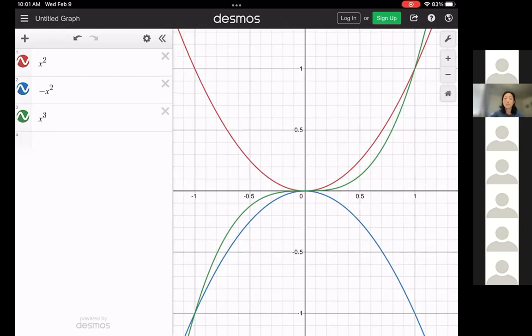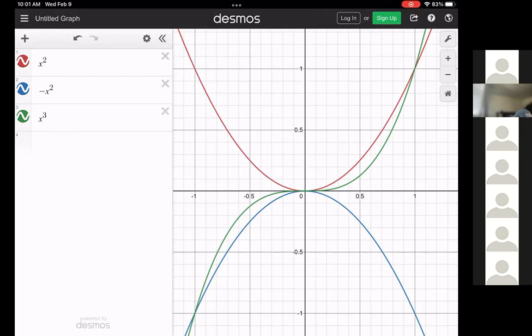What do you think would be a good a value to pick? In other words, where do you think all three graphs have the same y value? All right, I would agree too.